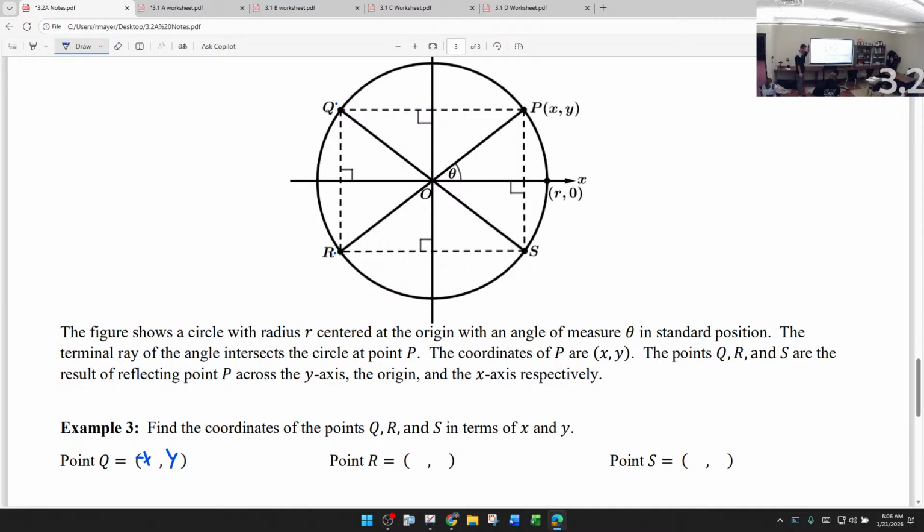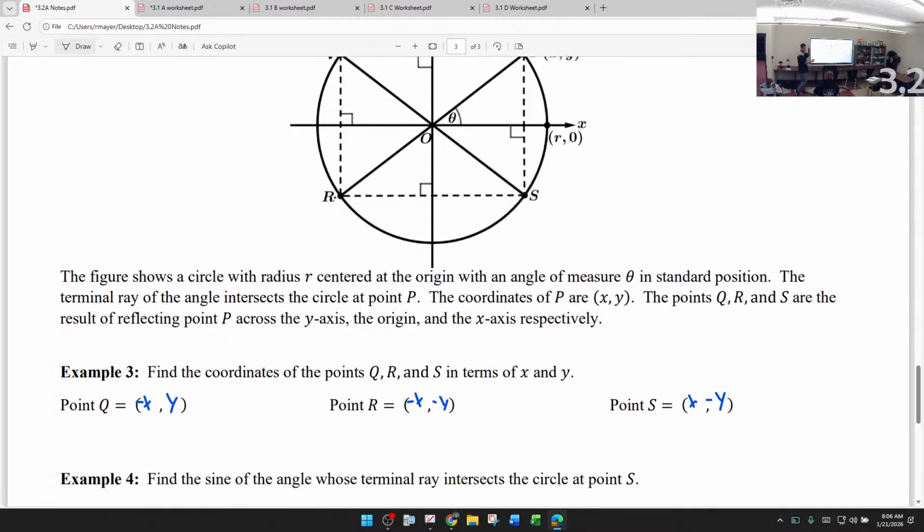They're both negative: negative X, negative Y. And S, X is positive, but Y is negative. I hope you think this is really, really easy, because it is.